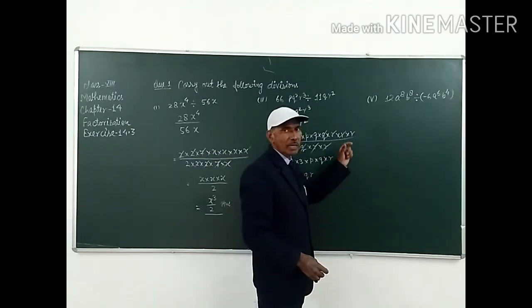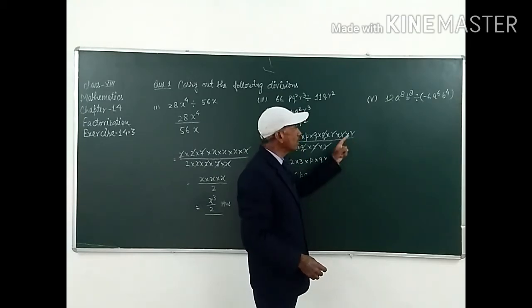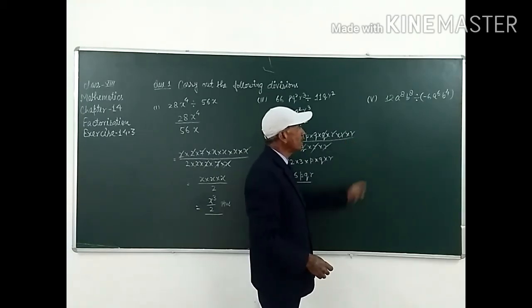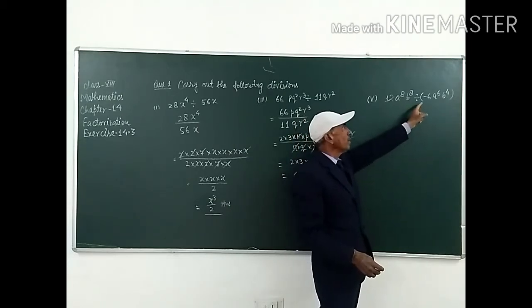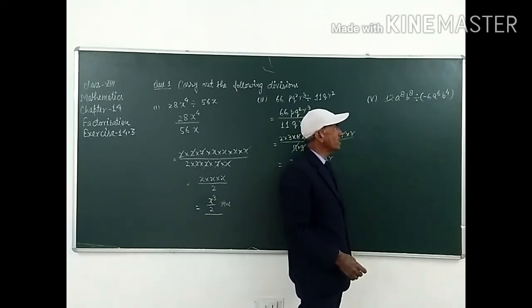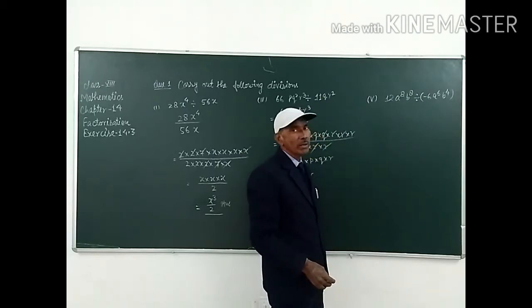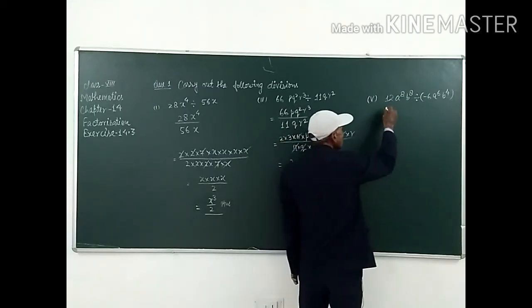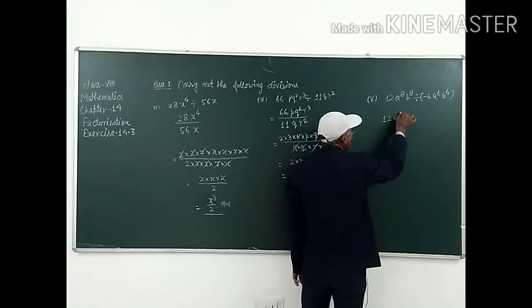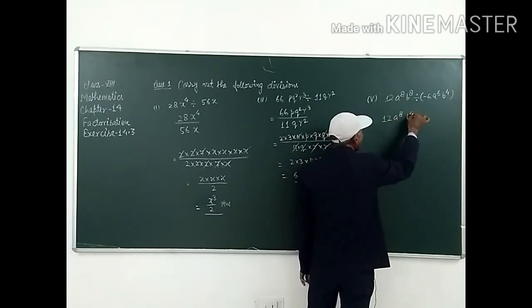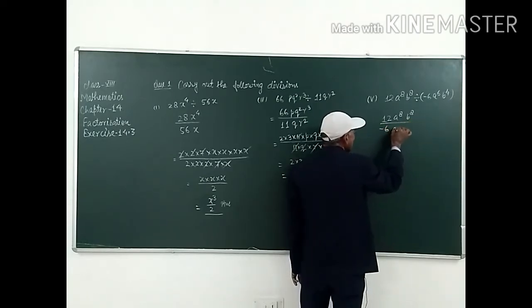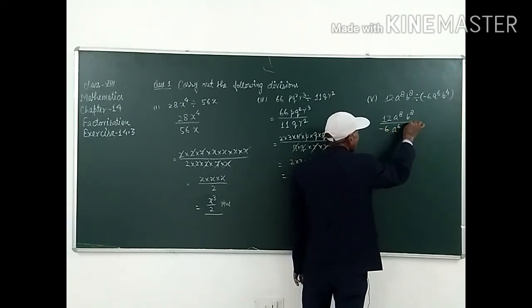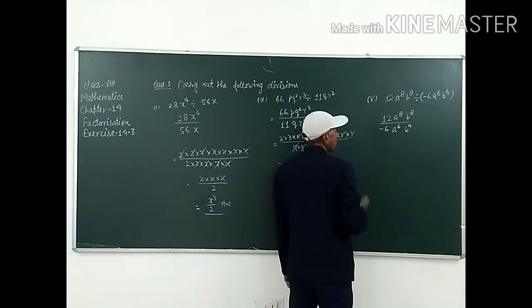This is fifth part of the question, students, and in this we have to divide this 12a to the power 8 b to the power 8 by minus 6a to the power 6 and b to the power 4. So, first of all we have to write this 12a to the power 8 b to the power 8 divided by minus 6a to the power 6 b to the power 4.